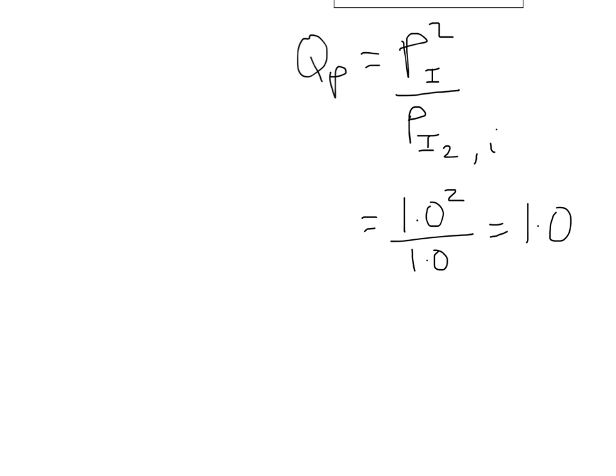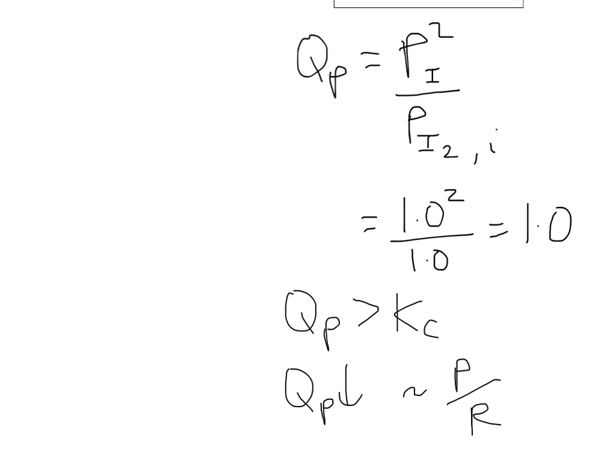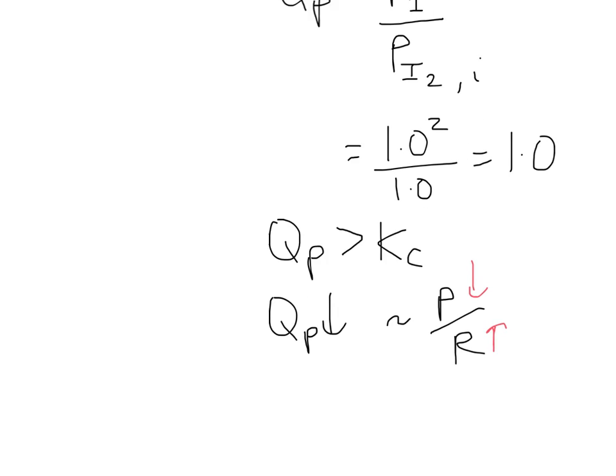So how does that compare? Well, Q is much bigger than K, about 3 orders of magnitude bigger. So that means that we're not at equilibrium. In fact, in order to reach equilibrium, Q has to go down. And since Q is basically products over reactants, we know that we've got to get rid of products and make reactants.